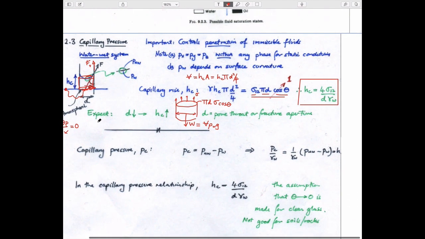And whether it can invade is controlled by the diameter. If the diameter is too small, it can't. And so therein is basically the mechanism by which the DNAPL goes down. It hits a low permeability barrier, but the low permeability barrier is just one that has very small pore sizes. The pore sizes are the direct analog of the capillaries, and it excludes any transport across it.